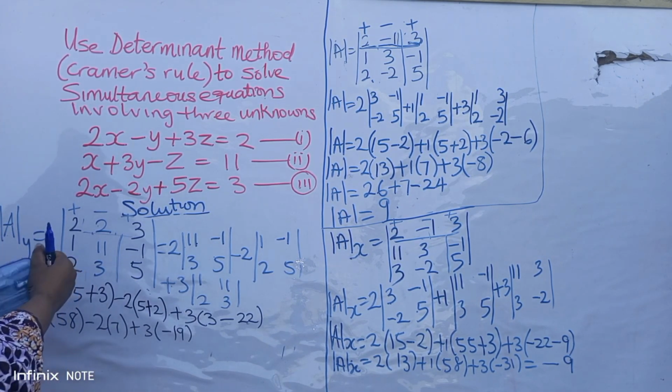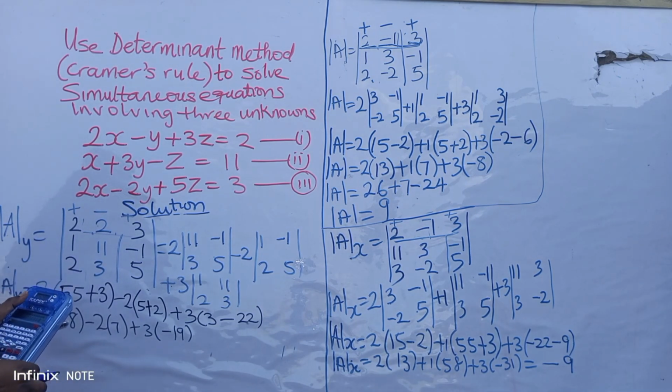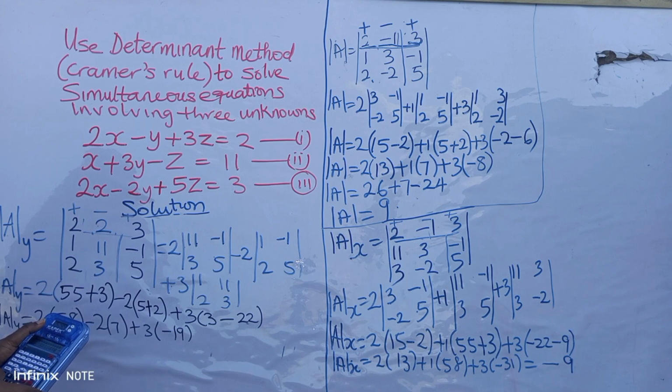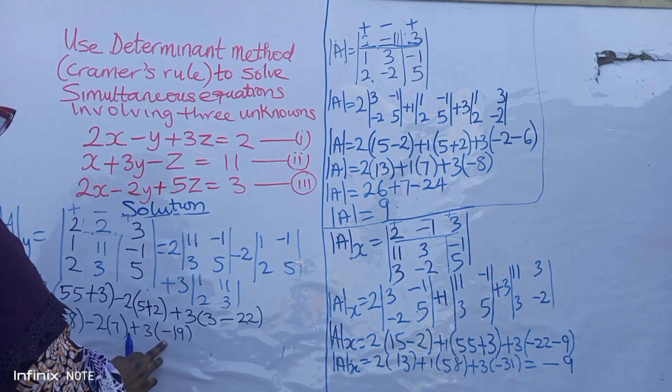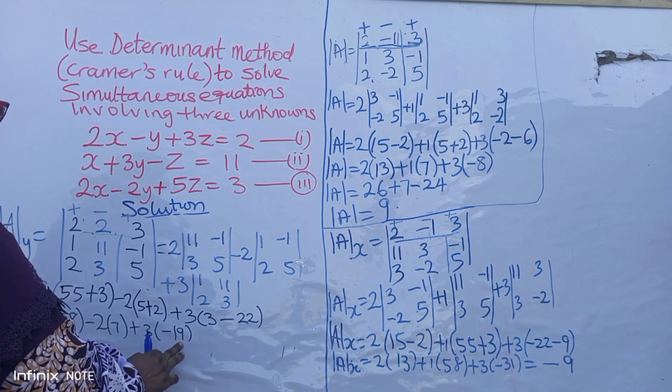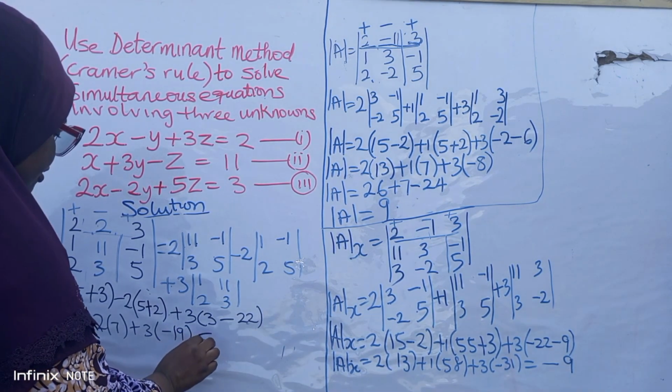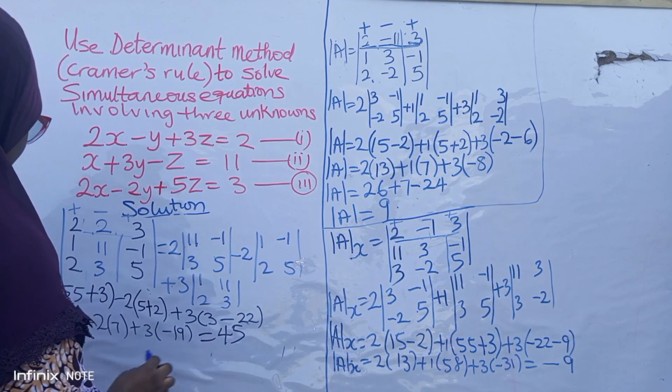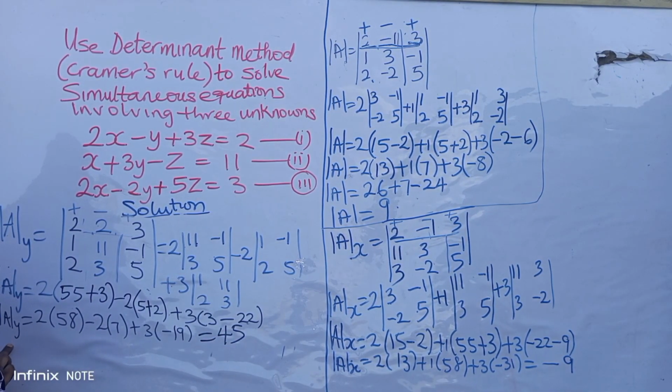So then I have 2 multiplied by 58 is equal to 116 minus 14, then is equal to 102, then minus 57. That is 3 multiplied by minus 19 gives me minus 57. So the answer is 45. That means determinant of A subscript Y is equal to 45.